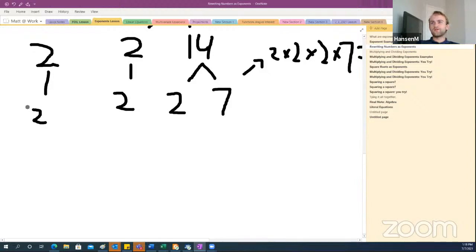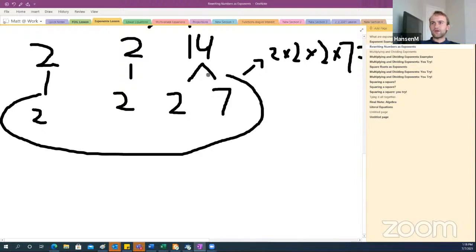How we can use exponents here is it's a lot easier to write this out using exponential notation. We know that an exponent is a number multiplied by itself. And at the base of our factor tree, we end up with 2 times 2 times 2 times 7, which is 2 multiplied by itself 3 times, and 7.